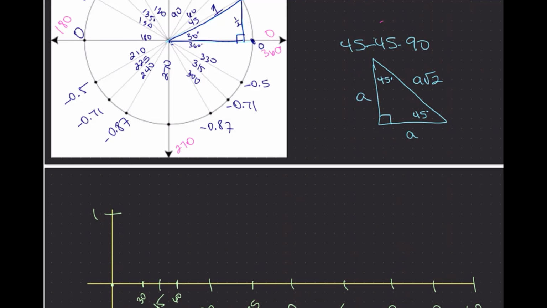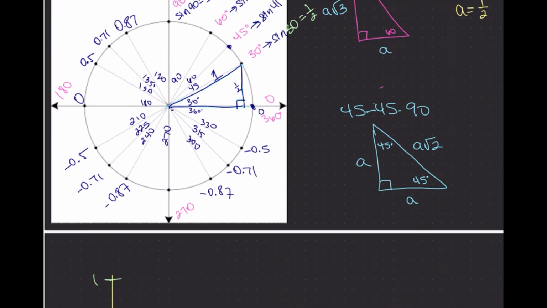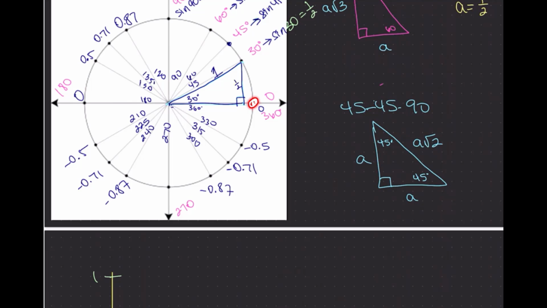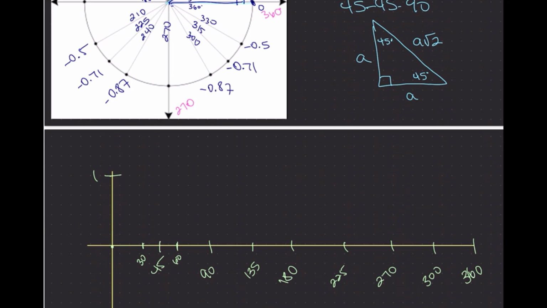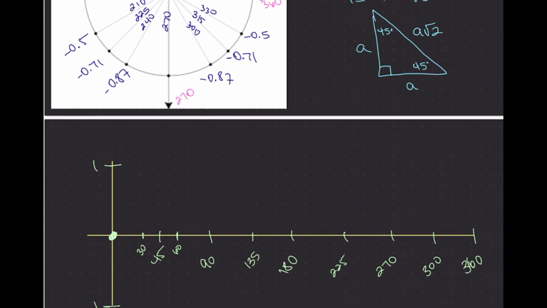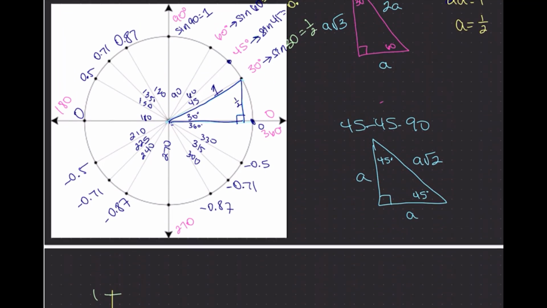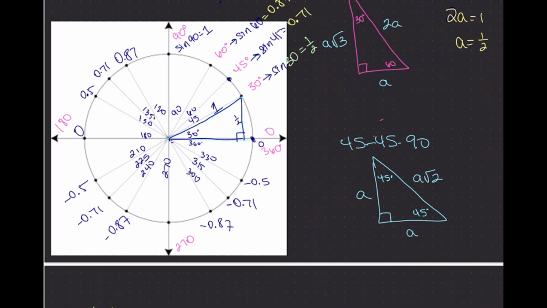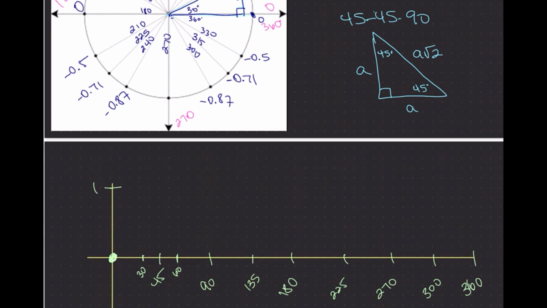So at 0 degrees, what was our y value? 0, so we have the point 0, 0. That's right there at the origin. At 90 degrees, my y value was 1. So at 90, I'm at 1.